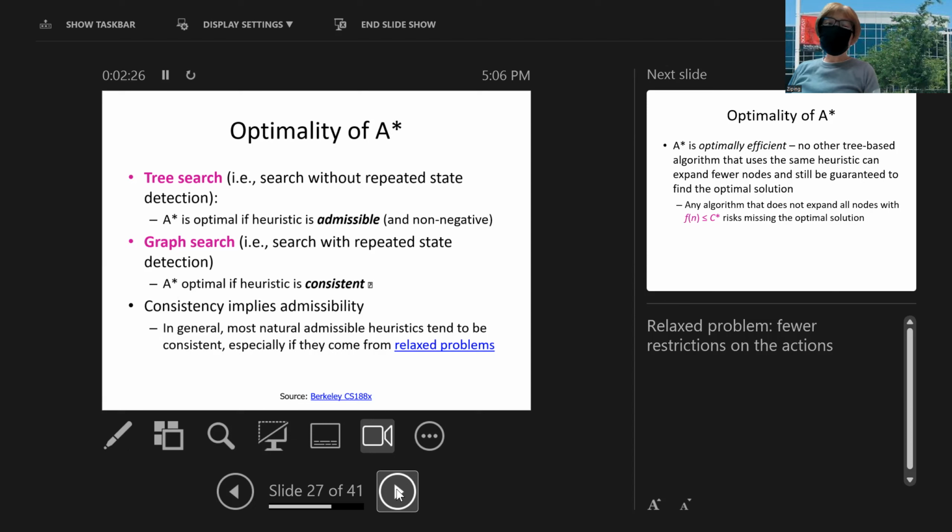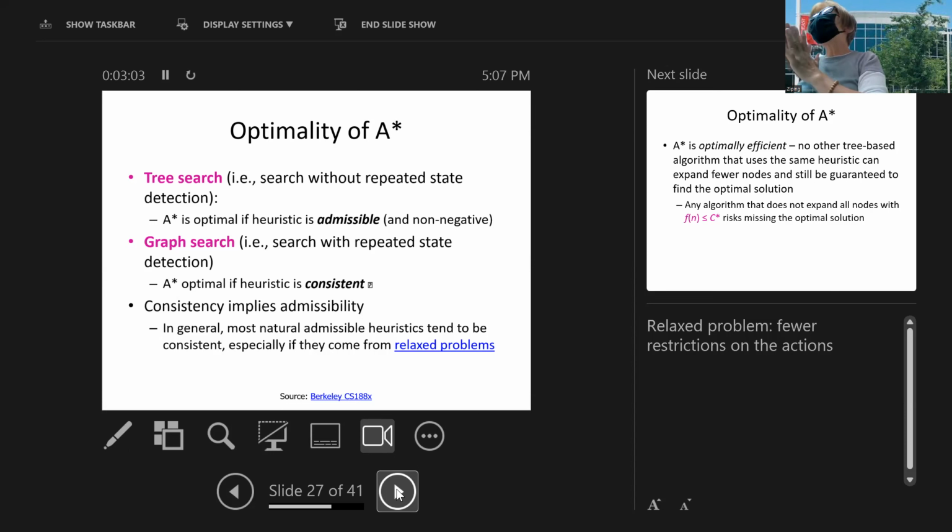For informed search, if you recall, we also discussed tree search or graph search. Whenever we discuss a search algorithm, we need to discuss its completeness, its optimality, time complexity, and space complexity.